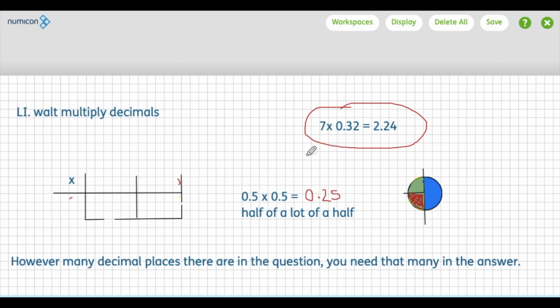But here, when we multiply a decimal by a decimal, you're actually going to get a smaller part than what you started with, which seems a bit counterintuitive because usually when we multiply, we get bigger, but when we multiply a decimal number by a decimal number, just decimals, no wholes, we get actually smaller. All right, so we're going to keep that in mind when we move towards the next question.